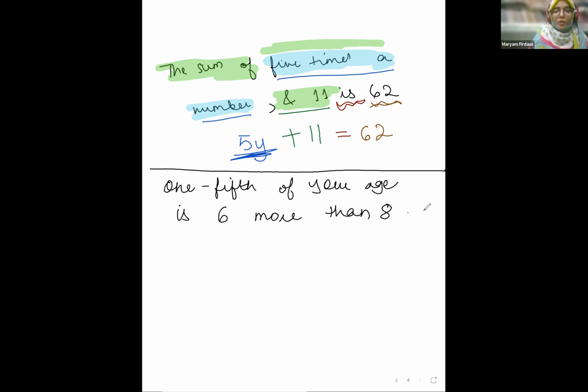Okay, let's not talk about age because you might get confused. 1/5 of a number is 6 more than 8. What is the first step we need to do? Let's not get too overwhelmed.